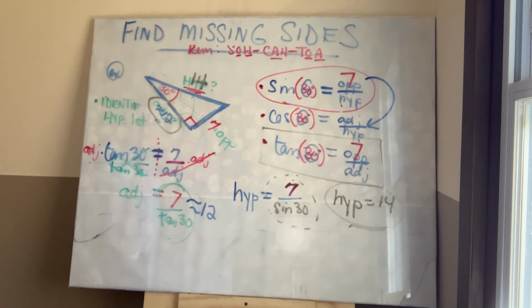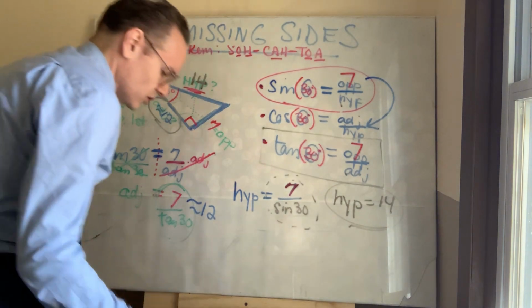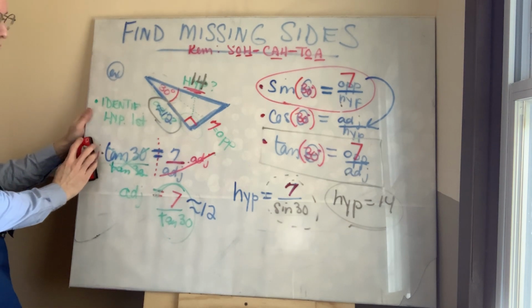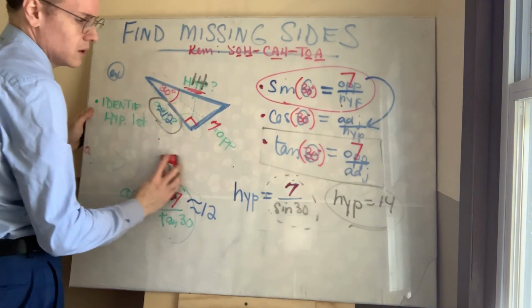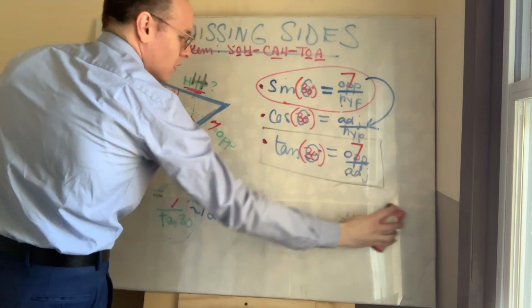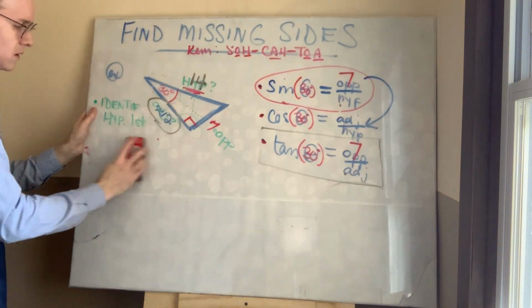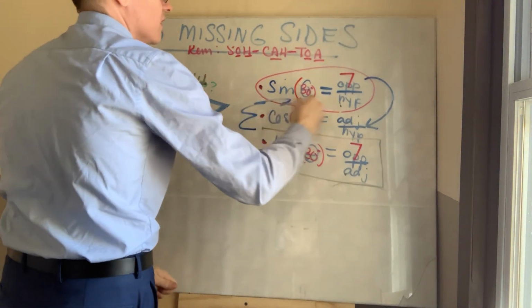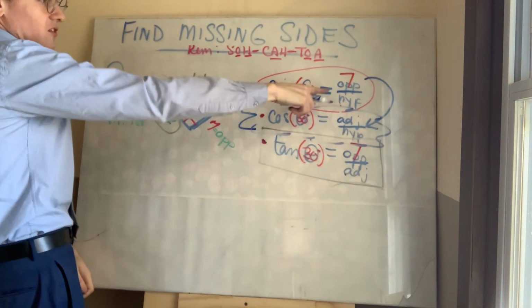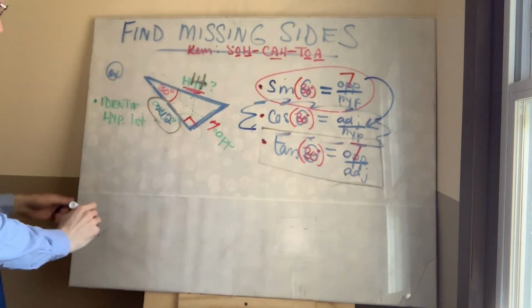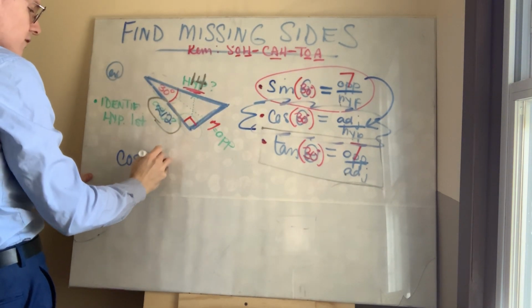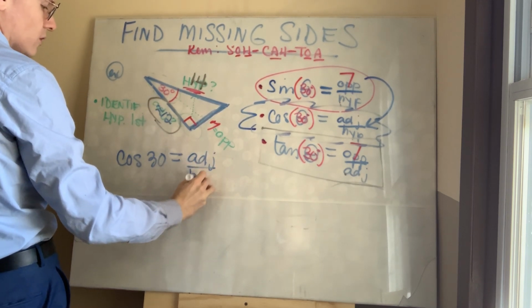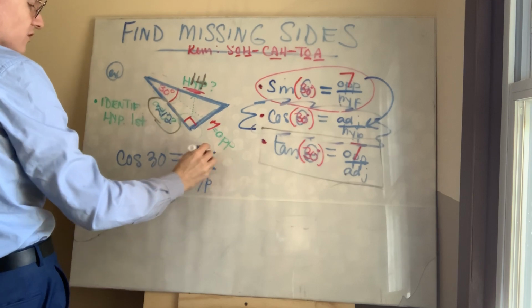Let's see. We could have manipulated cosine instead. I'll erase it here to prove a point. Say that we went for this immediately after having solved for the hypotenuse. We could have said, okay, cosine of 30 is equal to adjacent over hypotenuse. I would only have to manipulate this in one step rather than in two.